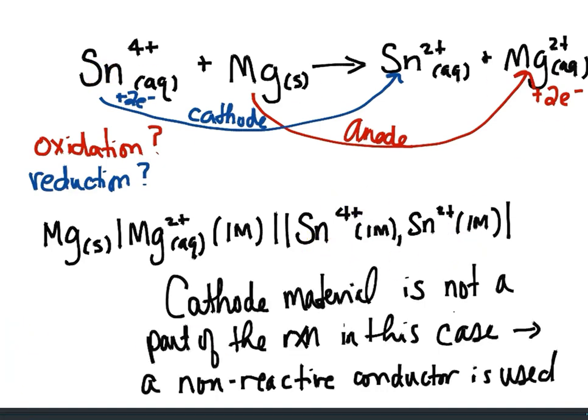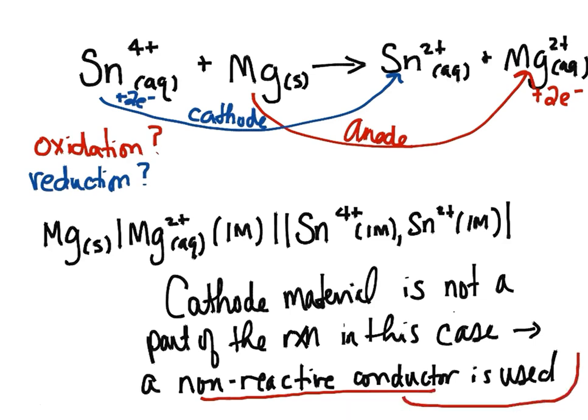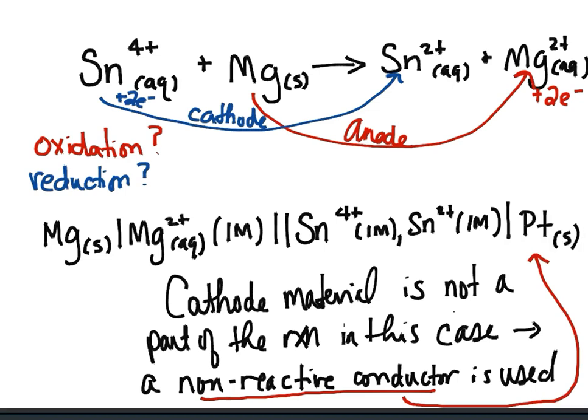And then there's another vertical line to separate this aqueous compartment from the cathode material. But in this case, there's no solid Mn being formed, which means that we need to use some sort of non-reactive conductor. And you kind of just have to know that it's going to be platinum. That's sort of the standard non-reactive conductor that we use. Sometimes we use solid carbon, graphite.